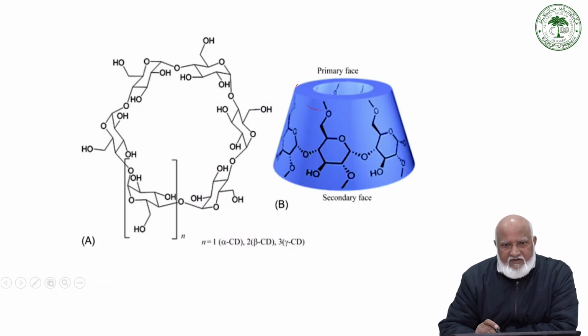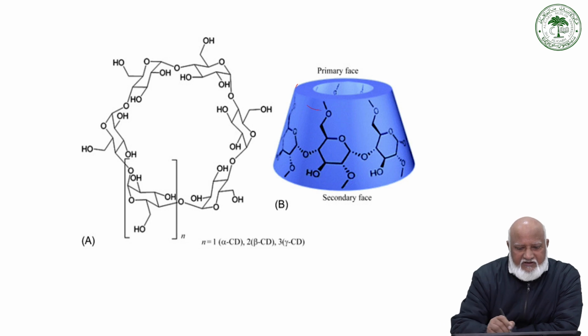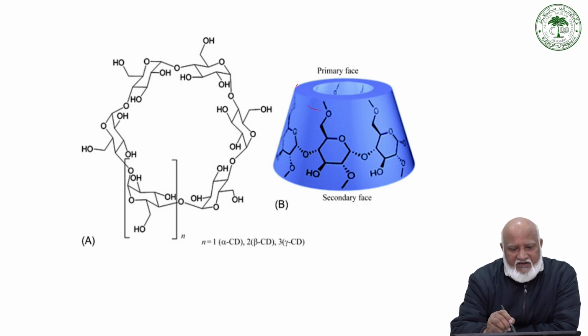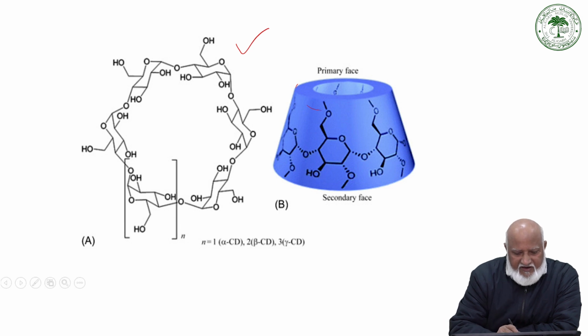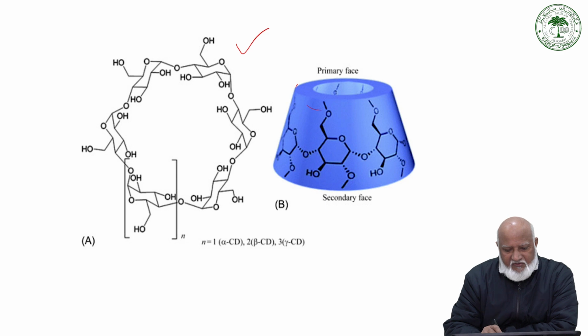So once the amylose units are connected to each other, the structure looks like this. This is the structure of cyclodextrin, where this is the unit which can vary depending upon whether it is alpha cyclodextrin or beta cyclodextrin or gamma cyclodextrin.